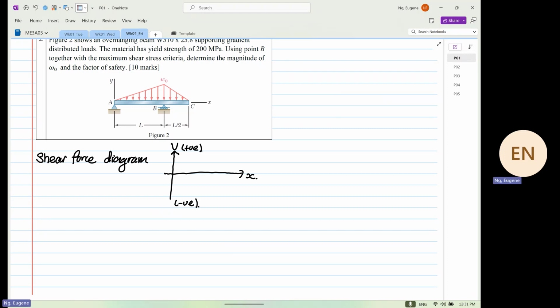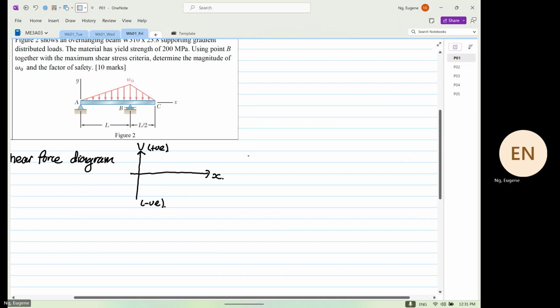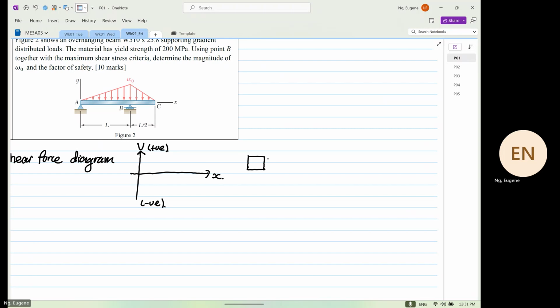So what do we mean by positive shear and negative shear? In positive shear, the element will have the shear stress acting in this direction. So this is positive shear. If it's negative shear, this is the direction.